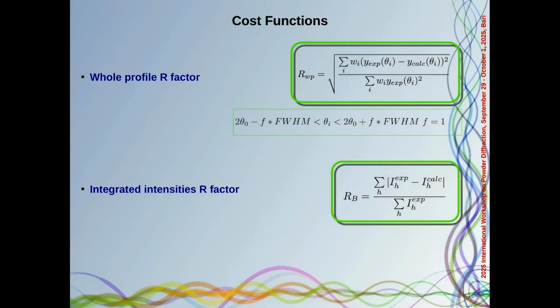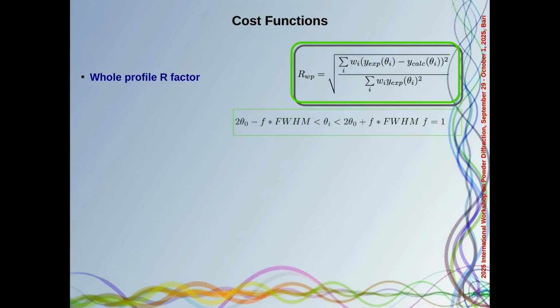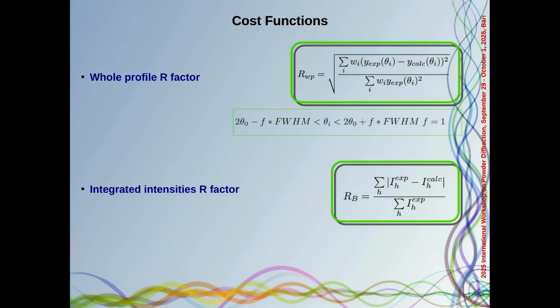There is another cost function. The first cost function does not require the extraction of integrated intensities, but the cell parameters, background, peak shape parameters and shift parameters should be refined using linear least squares, performed before the process of real space structure solution. The other cost function is the integrated intensity R factor. In this case, we compare the experimental integrated intensities with the integrated intensities calculated from the trial structure.